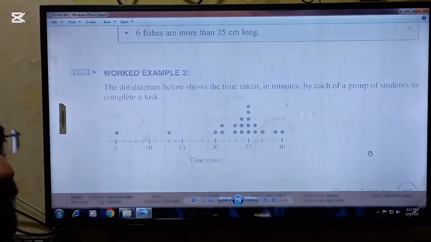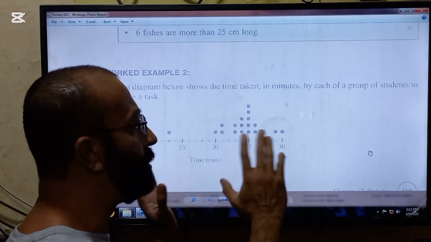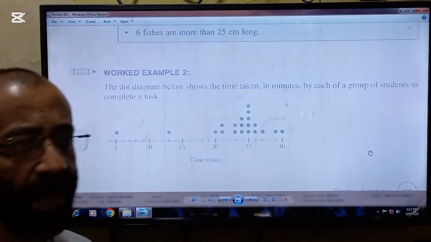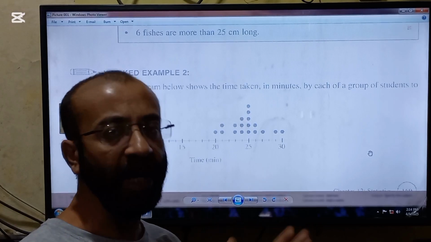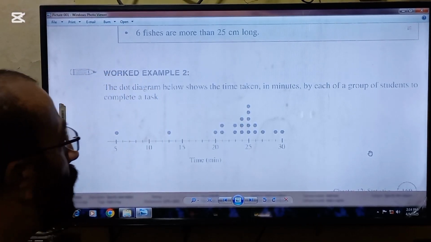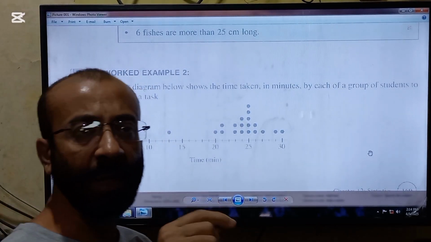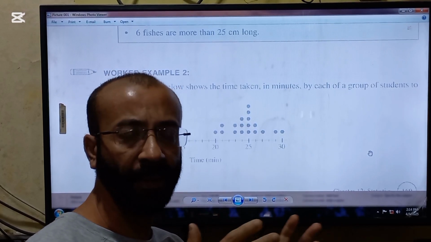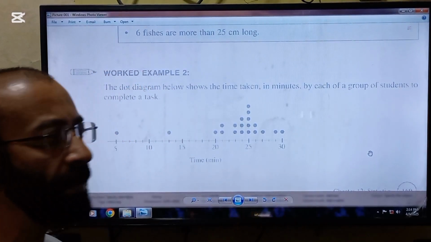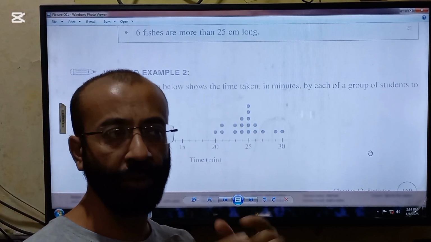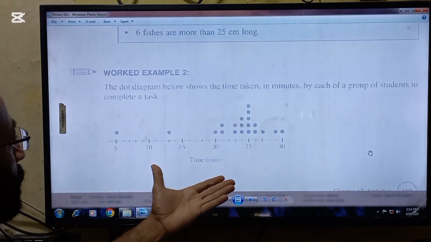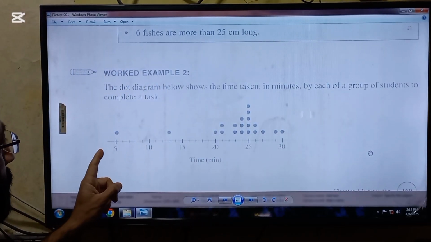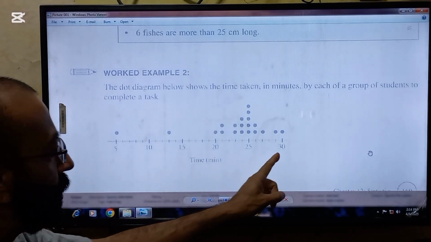The third requirement that normally comes in a question about a dot diagram is to comment briefly on the figure. Whenever there is a question to comment on the dot diagram, number one, you have to show the variation. In this question, time varies from 5 to 30 minutes.